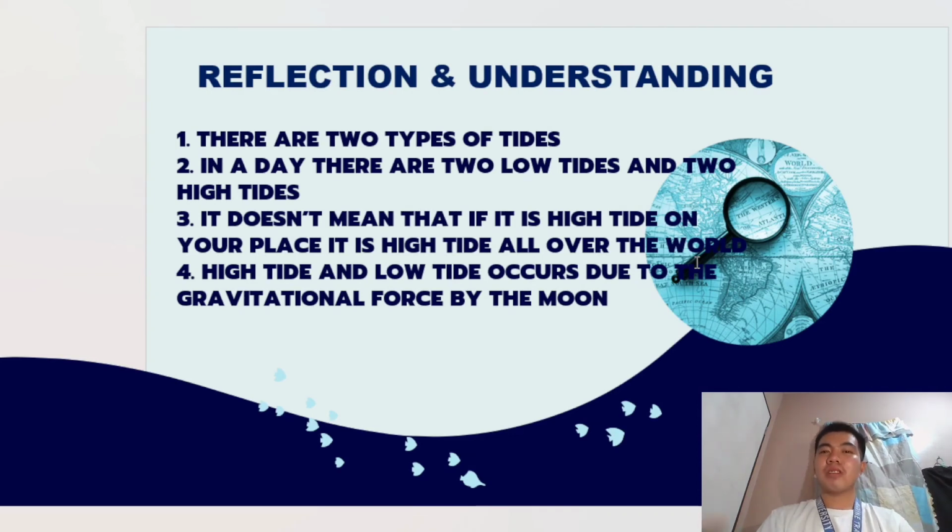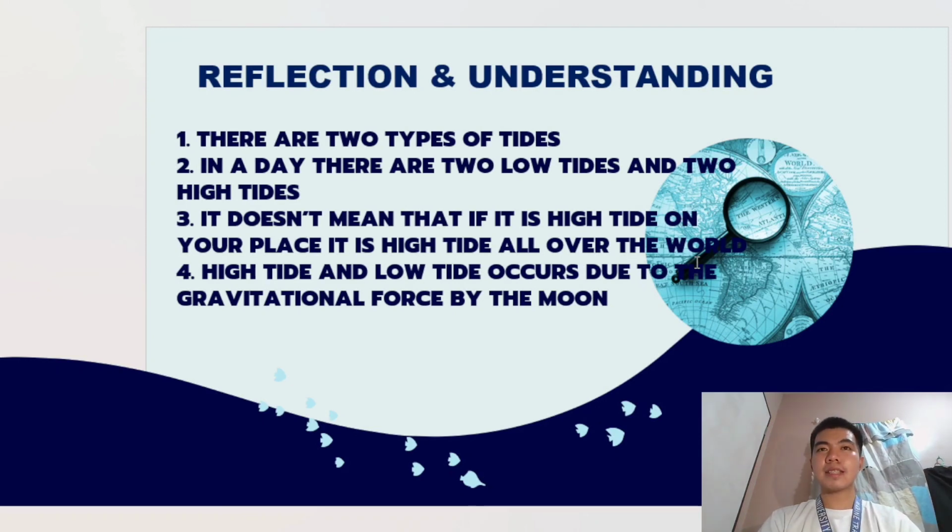In our vernacular language, dili pasabot nga taog sa kaning lugar, taog pod ang tibuok kalibutan. For example, in the Philippines, where this place experiences low tide, in another place you can experience high tide.